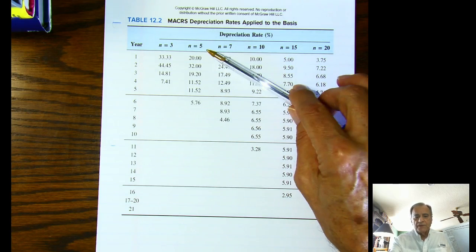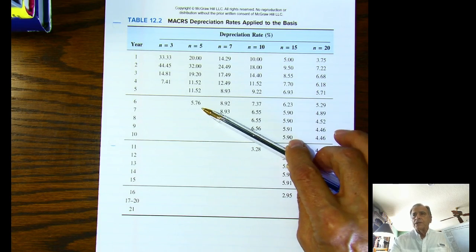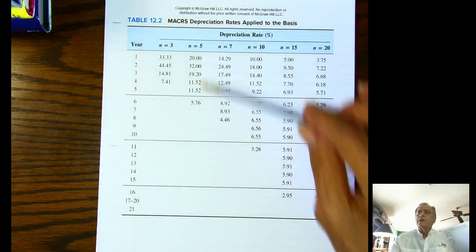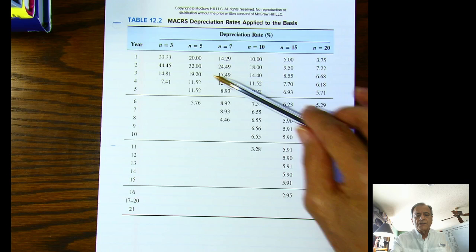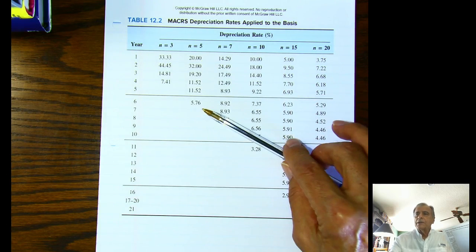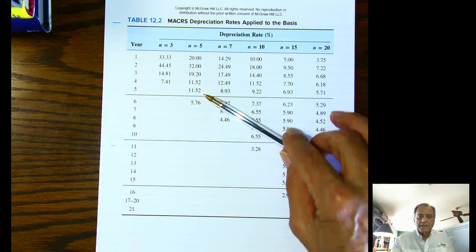For example, 5-year property is depreciated over 6 years. And remember, I talked about that being because of the half-year convention. You only get half of the depreciation that you might have gotten the first year, so you get another half the last year.